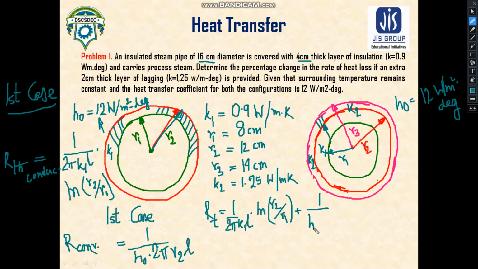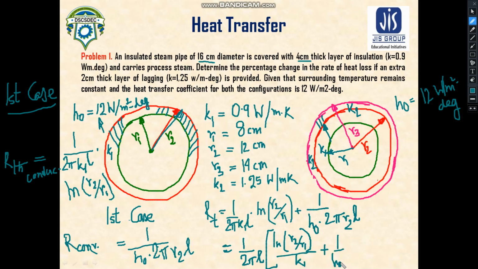So it will be 1 by H0 2 pi R2 L. Okay, so now if we do the mathematics and take 2 pi L common, it will be like this: ln of R2 divided by R1 divided by K1 plus 1 by H0.